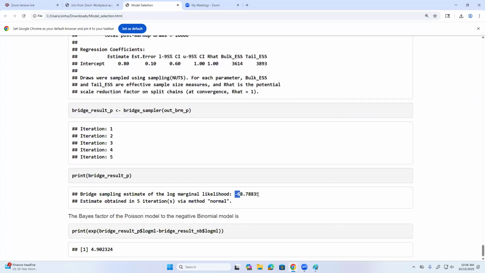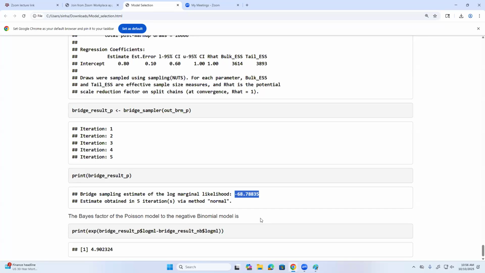And it gave you the log of marginal likelihood minus 60.78. The Bayes factor of the Poisson model to the negative binomial model: Poisson model in the numerator, negative binomial model in the denominator.